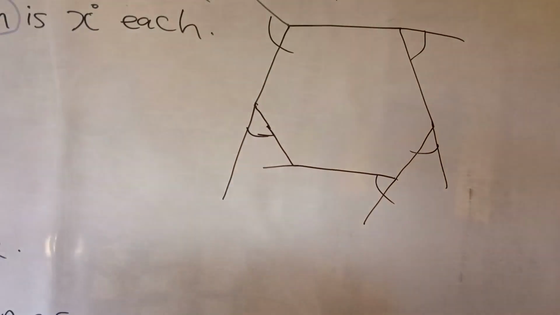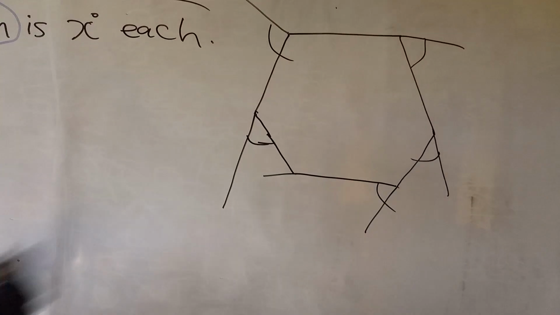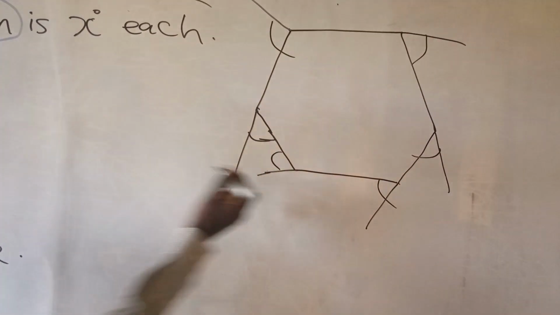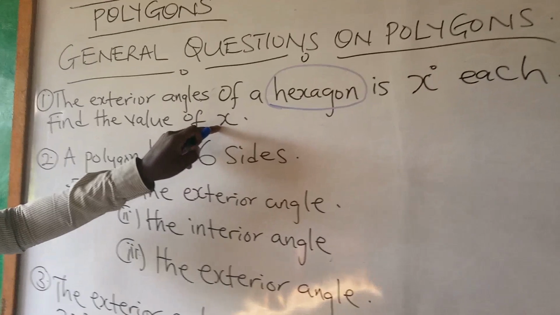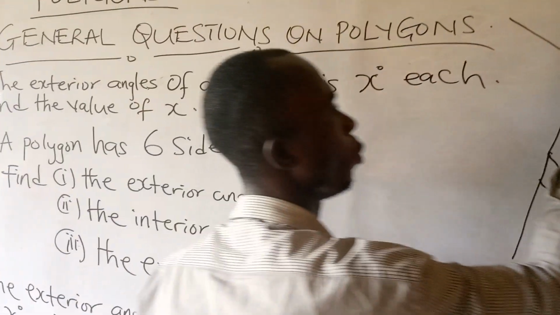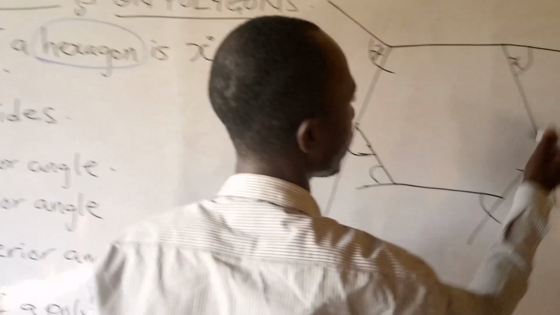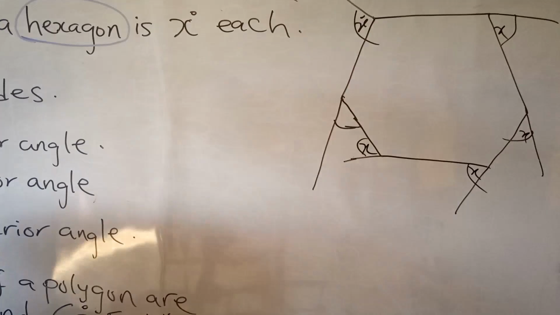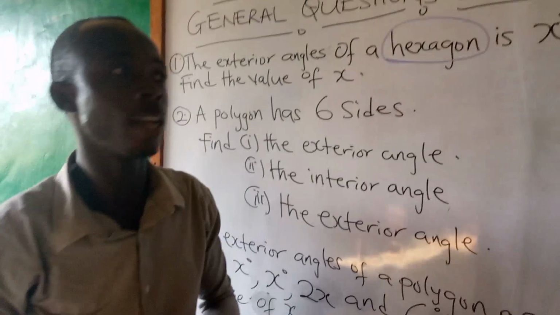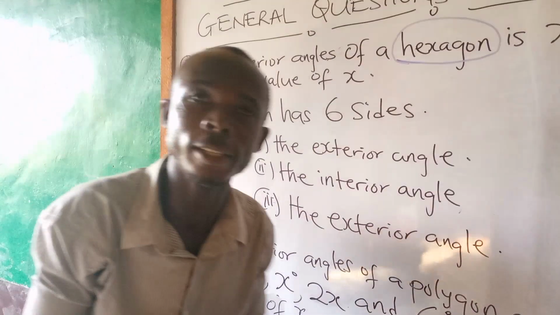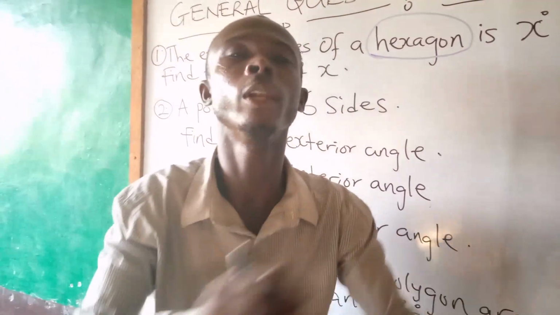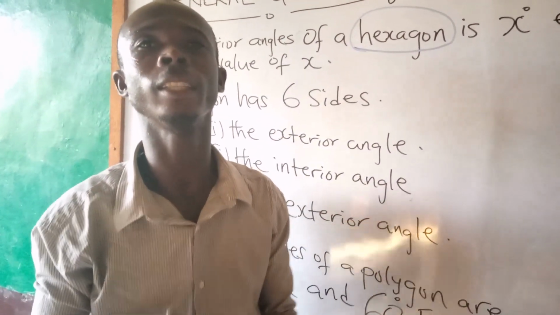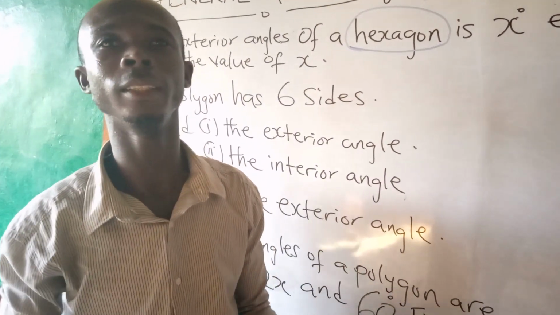These are the exterior angles, and we know that each one is x. When I started teaching, I said the sum of exterior angles of any polygon is equal to what? 360 degrees.